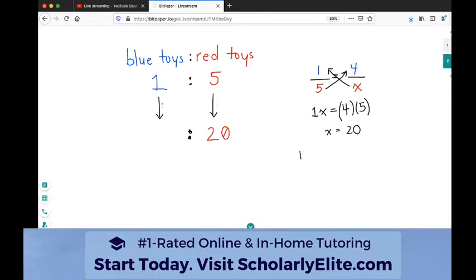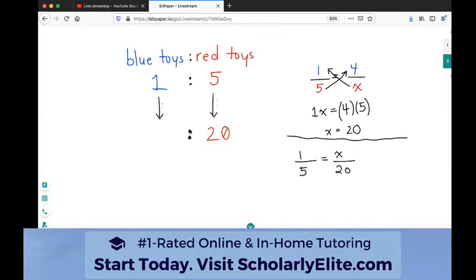So if we have 1 blue toy for every 5 red toys, and then I don't know how many blue toys I have, that's going to go here in the numerator, just like the blue toys went in the numerator. And it doesn't really matter which you put where, as long as you're using the same numerator or denominator in the fraction equation. So it looks like this.